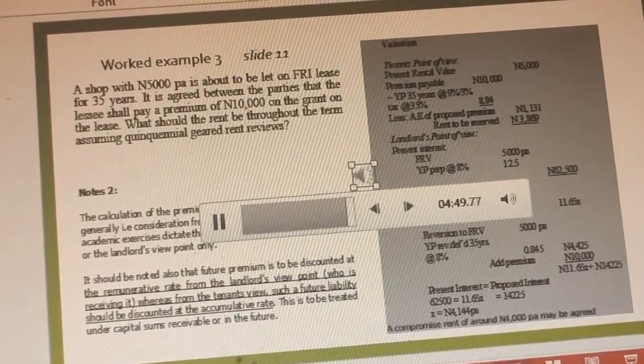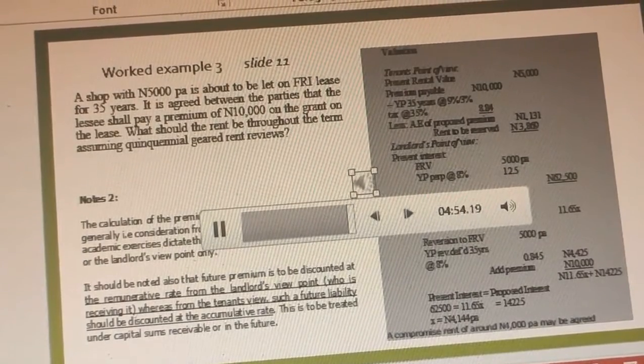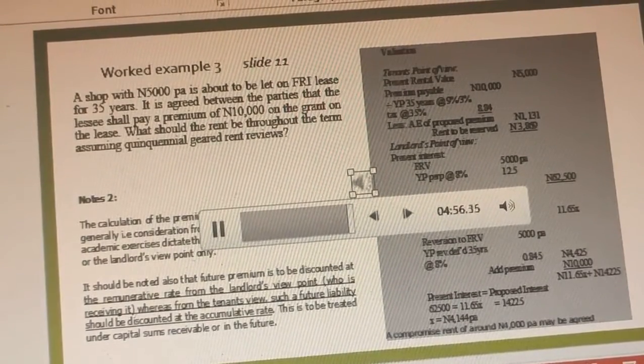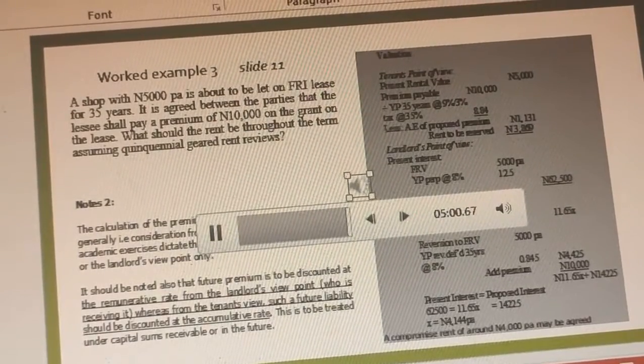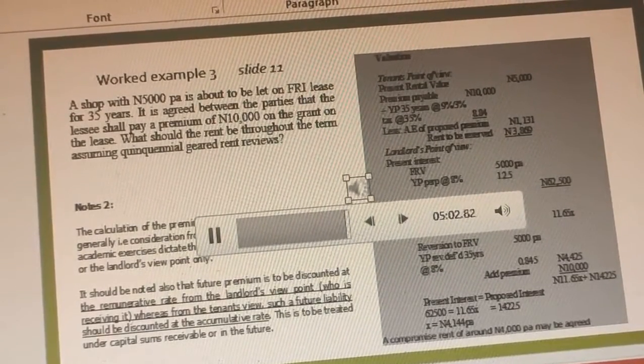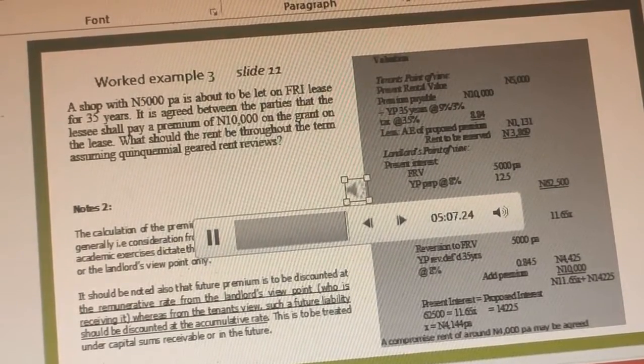The person who is paying is under liability to pay. The person who is receiving is under no liability, but is receiving to enhance the value of his property. That's all I want to mention here. Please look at the solution and see how it solves the problem. Thank you.